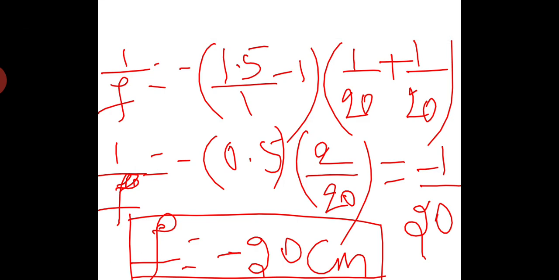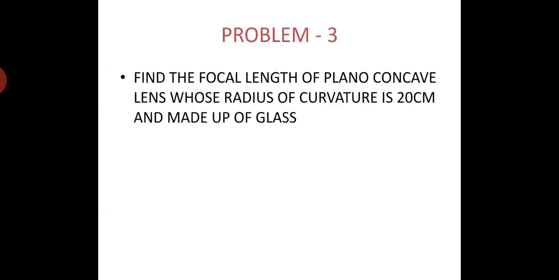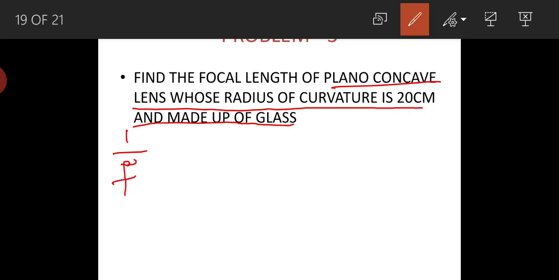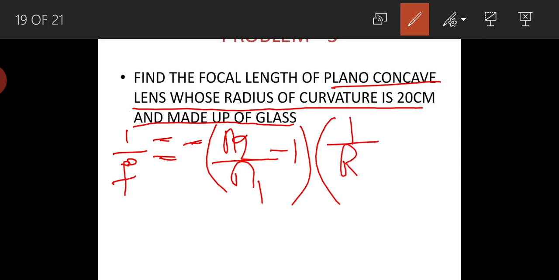Next, let us see one more problem, that is find the focal length of a plano-concave lens whose radius of curvature is 20 centimeters and which is made up of glass. So in order to find the focal length, we have the formula: for a concave lens, the lens maker's formula is 1 by f is equal to minus of n2 by n1 minus 1 into 1 by r1 plus 1 by r2.